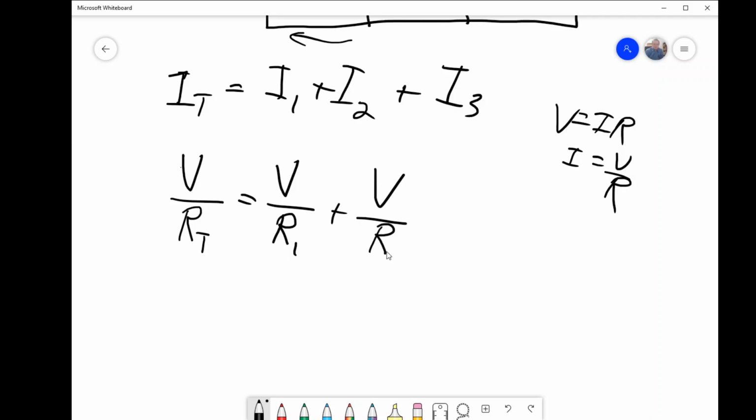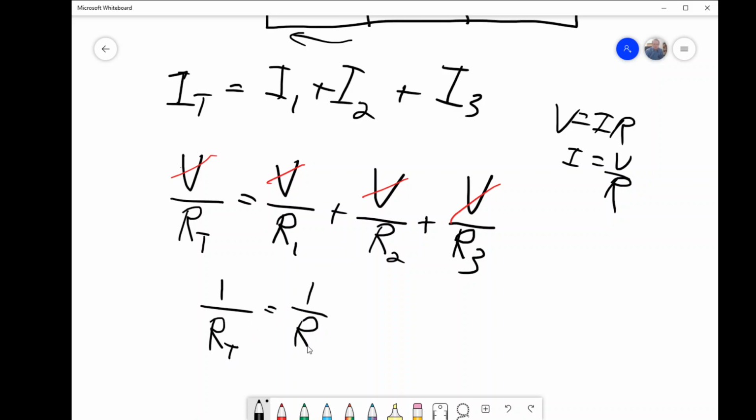The current through 2 is voltage over resistor 2, and the current through 3 is voltage over resistor 3. Now we notice we've got a common term of voltage in all of these. We can cancel it out by dividing both sides by V. And that gives us, for circuits in parallel, 1 over the total resistance is the sum of the reciprocals of the other resistances.